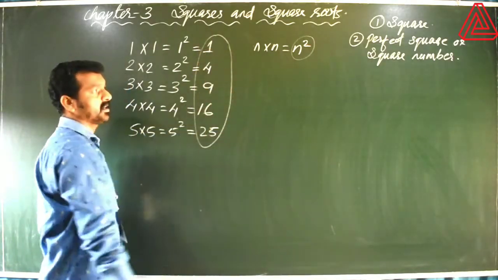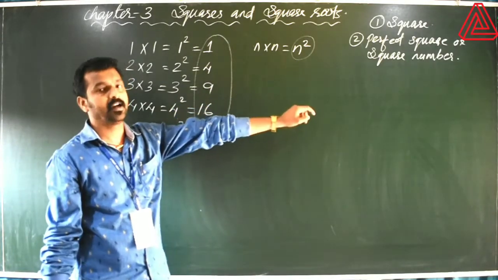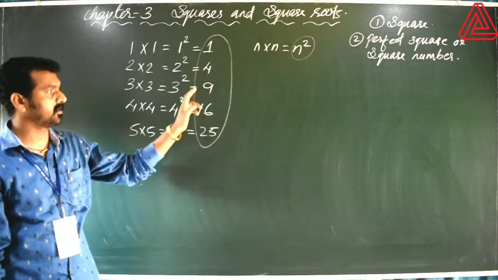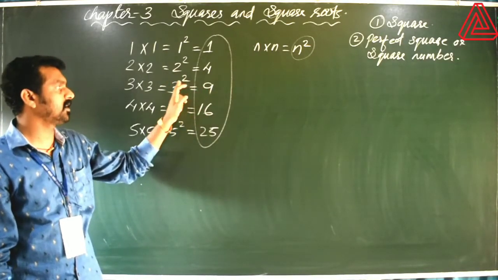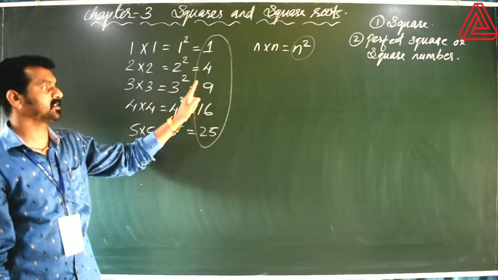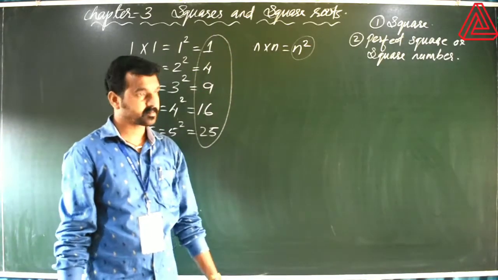A natural number is said to be a perfect square or a square number if it is the square of some natural number. If it is the square of a natural number, then we can say that number is a perfect square.